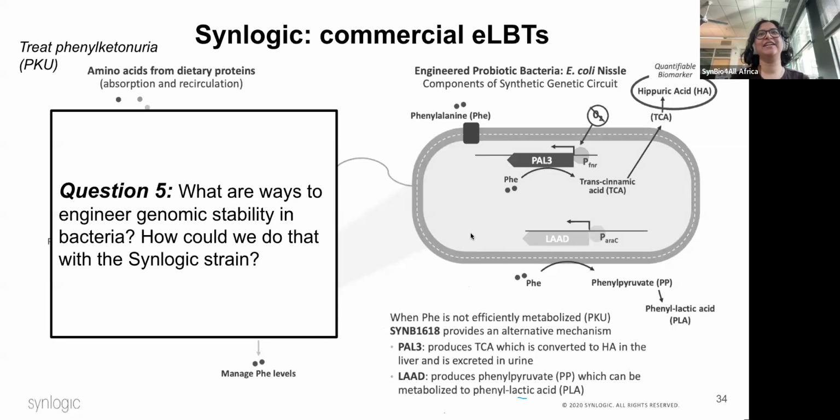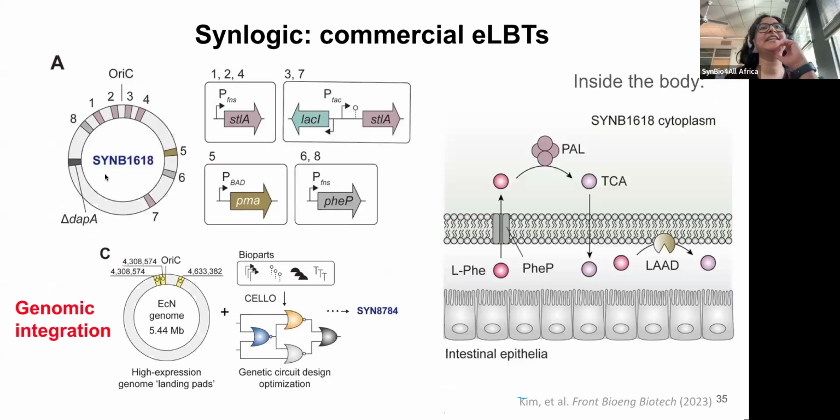I'll tell you what they ended up doing. In the genome of this E. coli Nissle, they put multiple copies into the genome of each gene that they were actually expressing.